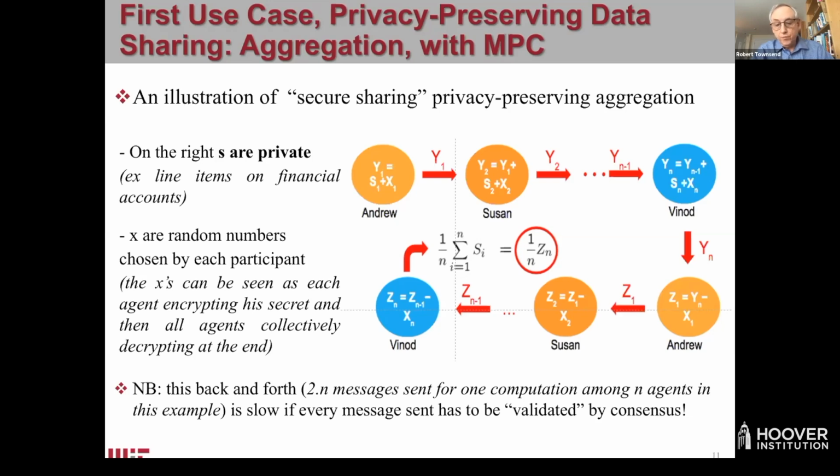This picture hopefully conveys the image that there's private data as line items on the accounts, X1, which Andrew has, X2, which Susan has, and so on. As kind of a metaphor, they throw in very large randomly chosen numbers to conceal the Ys, and then the Ys are added up.